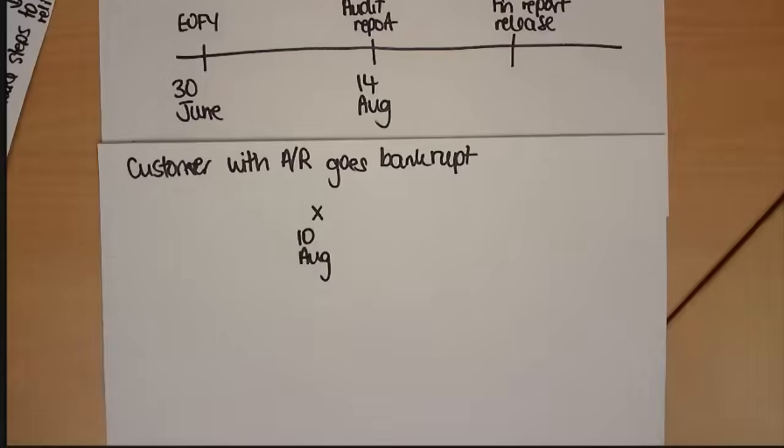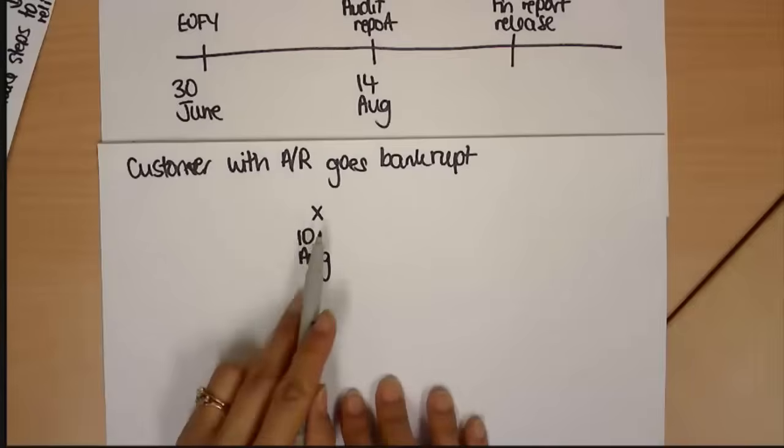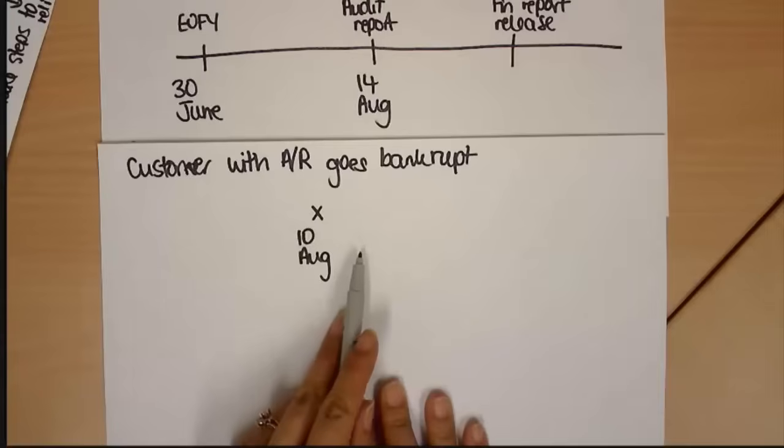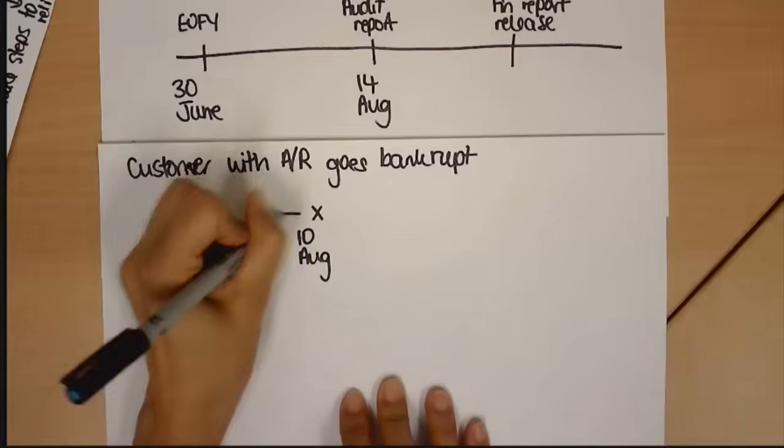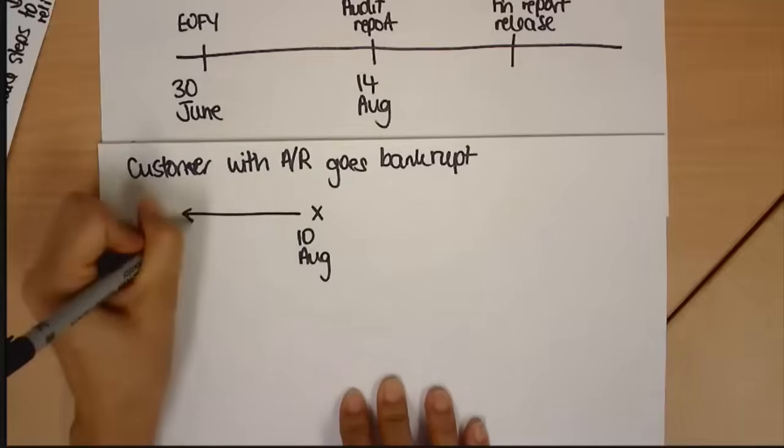If we're notified about going bankrupt on the 10th of August, then we've discovered it before the audit report, so we're in that period 1. However, even though it's an event that happens after the end of the financial year, remember that this accounts receivable will be reported here.